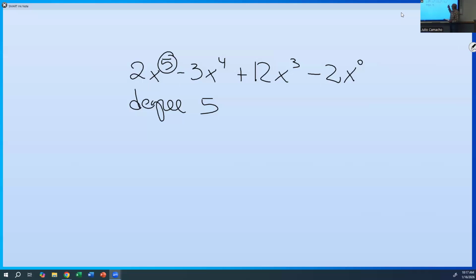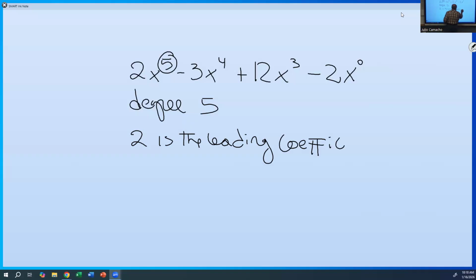So what number of these 2, 3, 12, and 2 is multiplied to the variable with the highest power? Who said 2? Very good. It's 2. So this 2 is the leading coefficient.